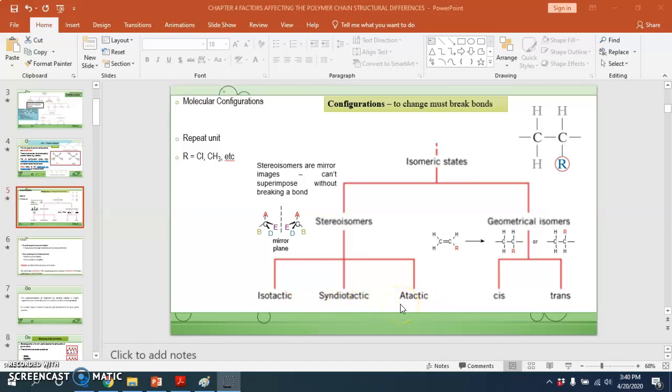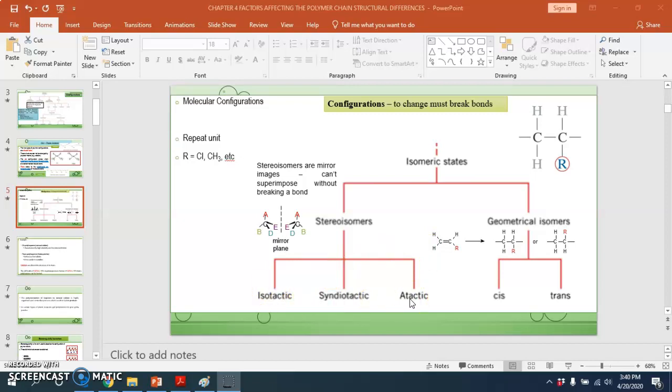For example, if we have a vinyl polymer, which is a polymer with a double bond, to which is attached a pendant side group, like this polymer, this is the side group on every alternate carbon atom in the main chain. It will give rise to tacticity.